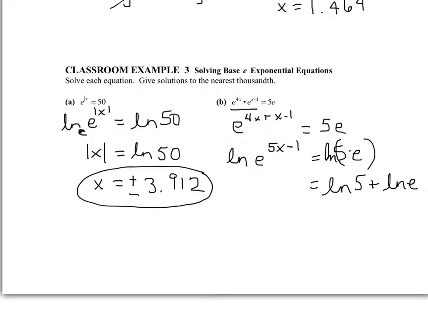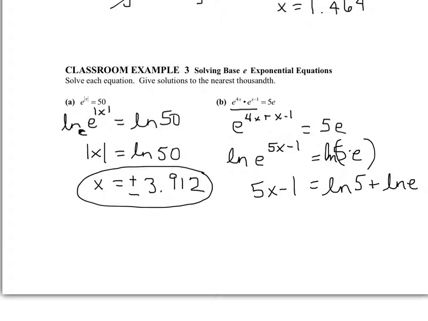Now on the left side, the natural log of e to the 5x minus 1 power can be simplified because that's saying e raised to what power would give me e to the 5x minus 1 power. Therefore, it simplifies to be just whatever that exponent is, which is 5x minus 1.